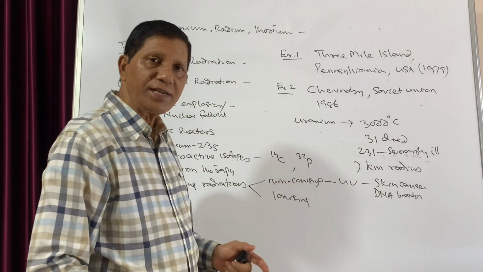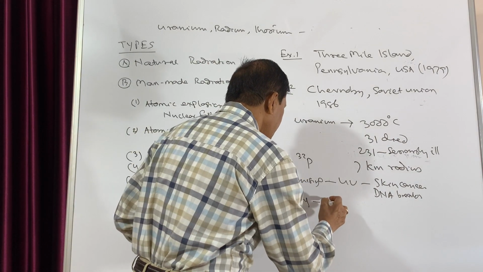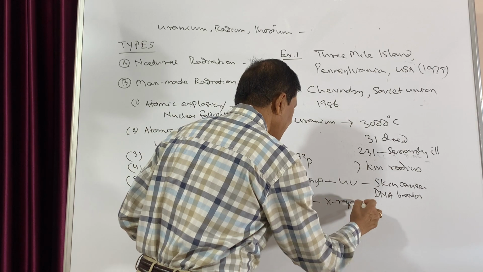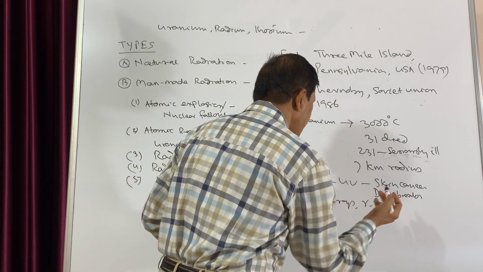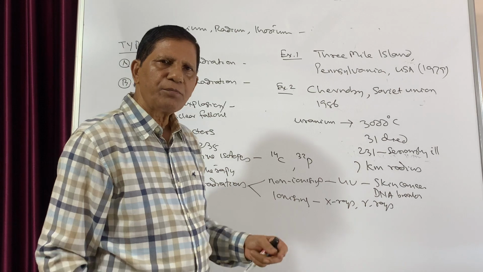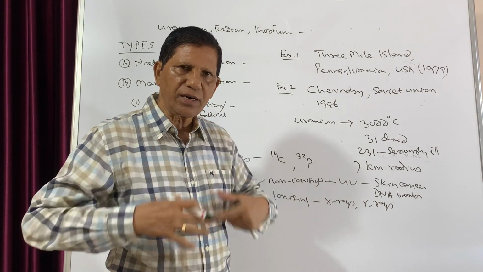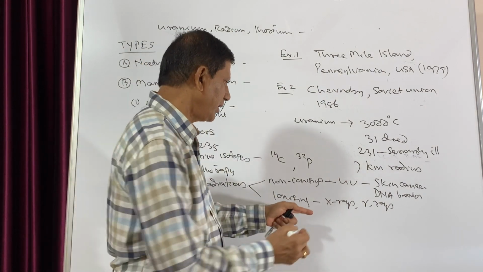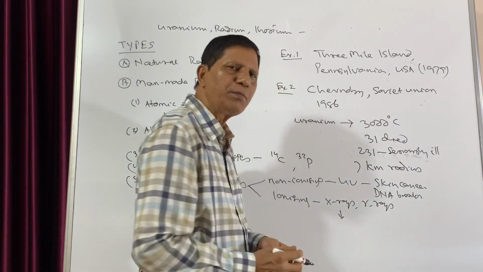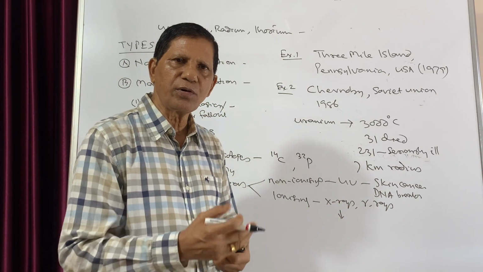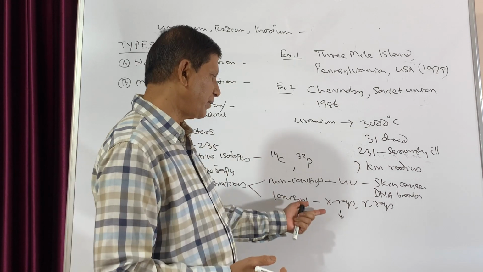But in case of ionizing radiations, usually X-rays and gamma rays. These are usually used for diagnosis of the internal system of the human body. X-rays are always applied so that we can see the internal photograph. So that is also a case of radiation.